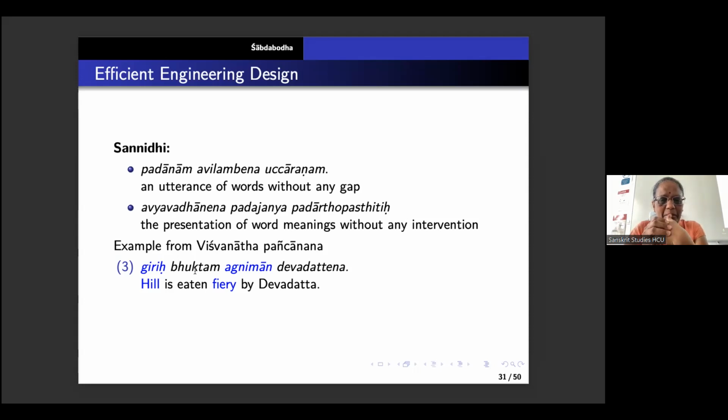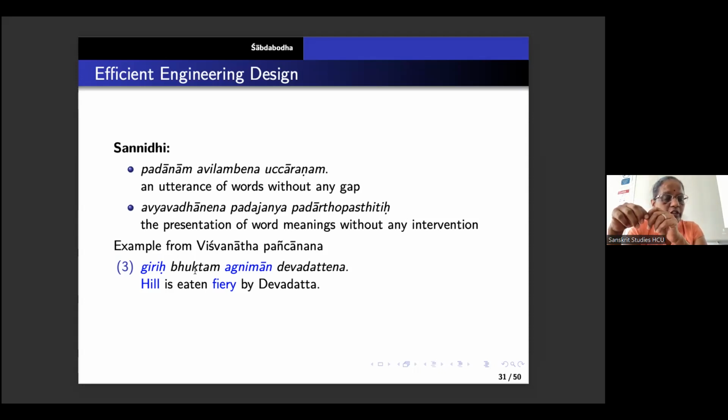You want to say Giri Bhuktam? No, it is Giri Bhuktam Agniman Devadattena. See, what he wants to say, this is Vishwanath Panchanana's famous example from the Nyaya Siddhanta Muktavali.